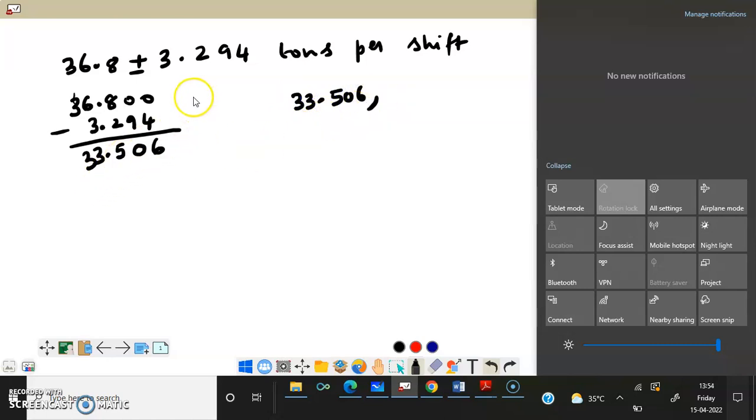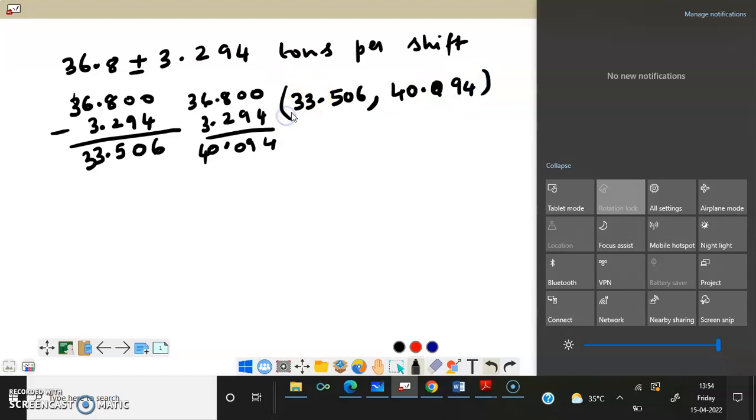We are trying to find the range. Then 36.800 plus 3.294, you add, and it comes to 40.094, right?